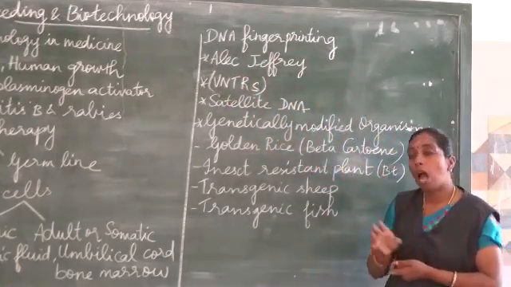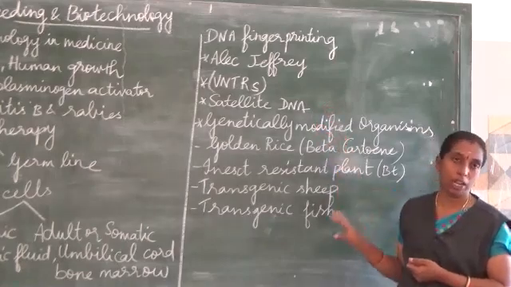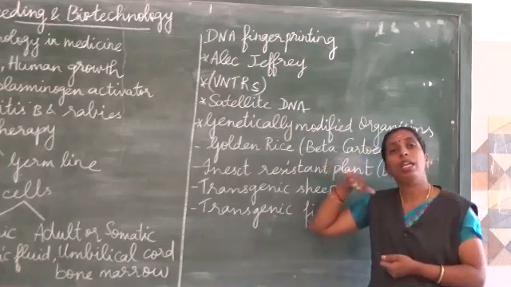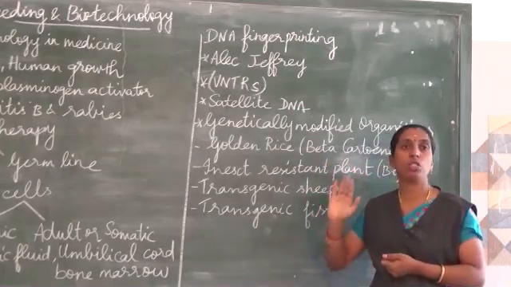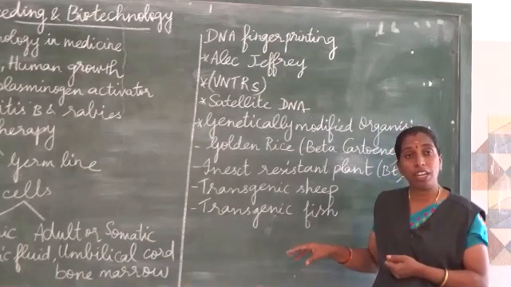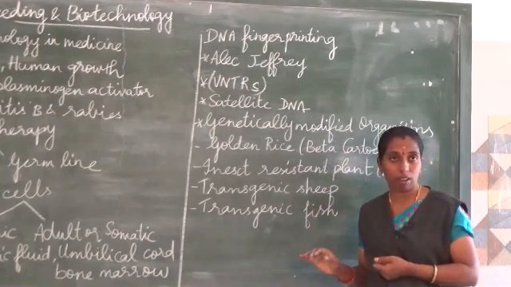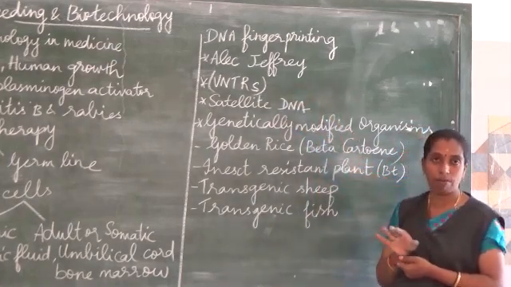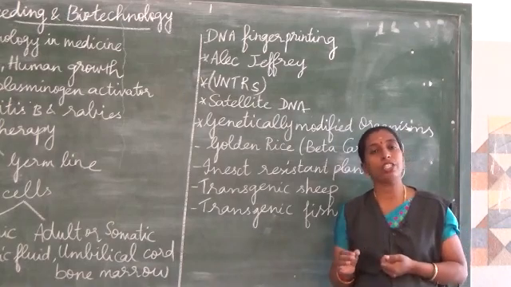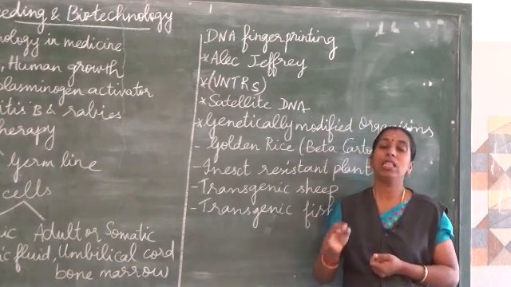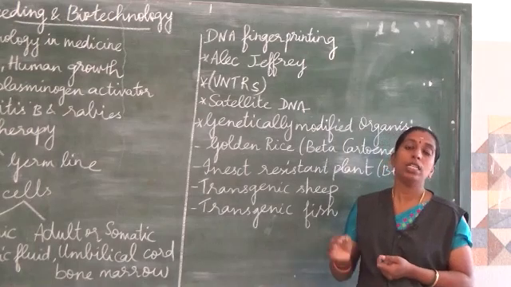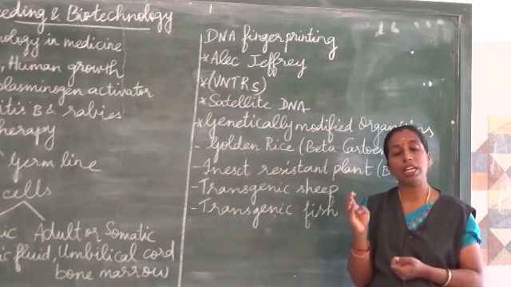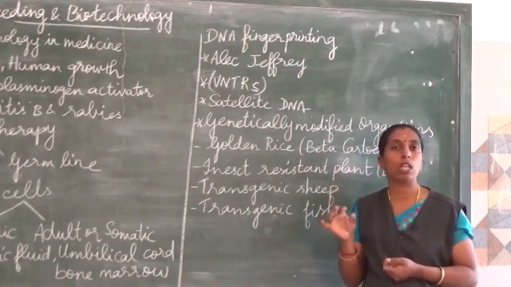So now we shall see how it takes place. I told you, except identical twins, each human being is different. There is variation, not only in the physical character, even in the genetic character. The DNA is different, the sequence is different. You know, DNA is deoxyribonucleic acid, and it is made up of nitrogen bases, sugar and phosphate.